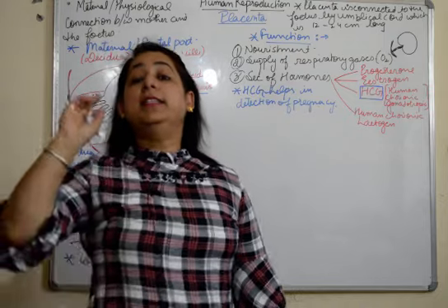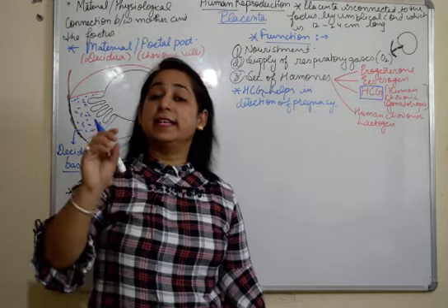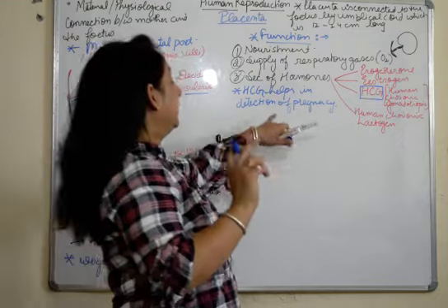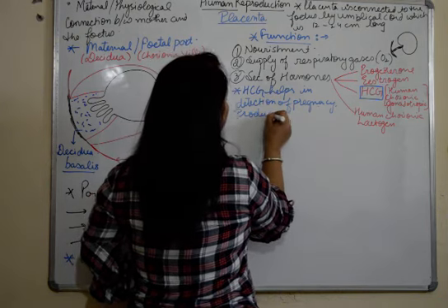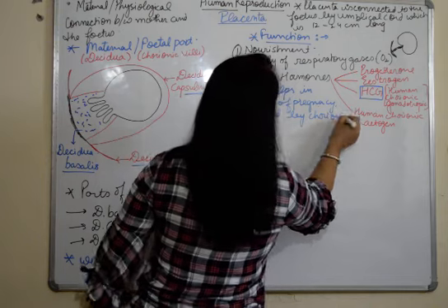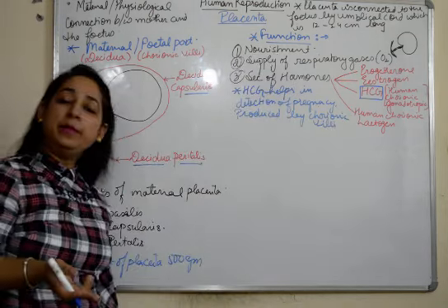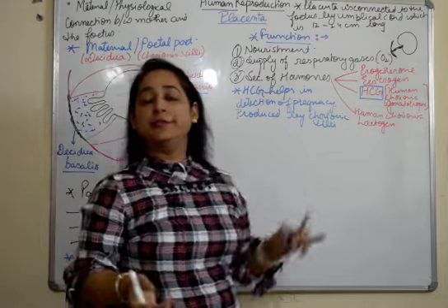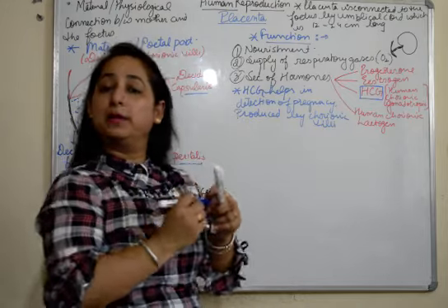When this HCG hormone is present in the urine, it says that the test is positive, because this HCG is produced by the chorion of the chorionic villi. And this chorionic villi will only be there if there is implantation. Fine. So HCG confirms pregnancy. The presence of HCG in urine confirms pregnancy.